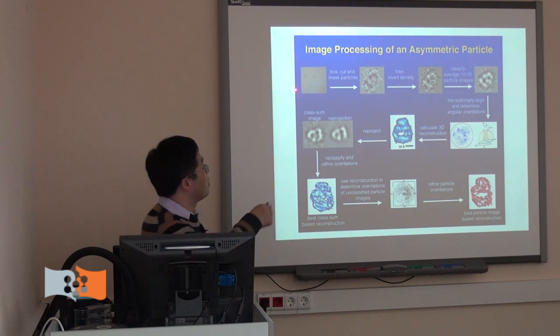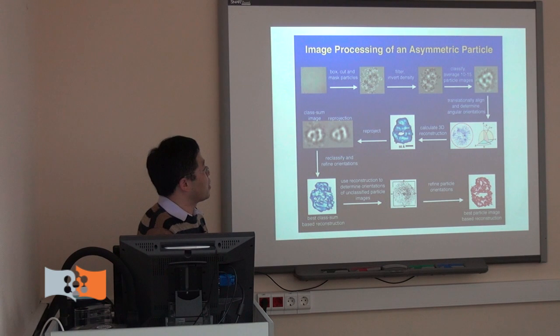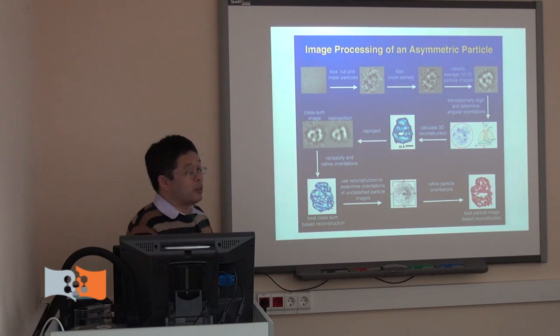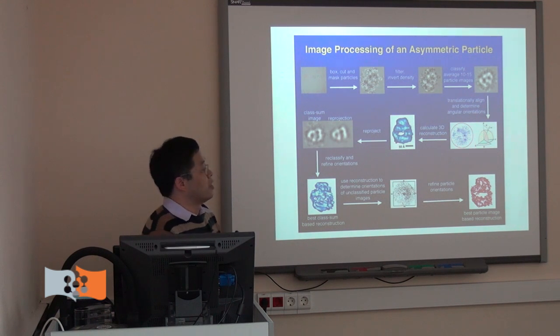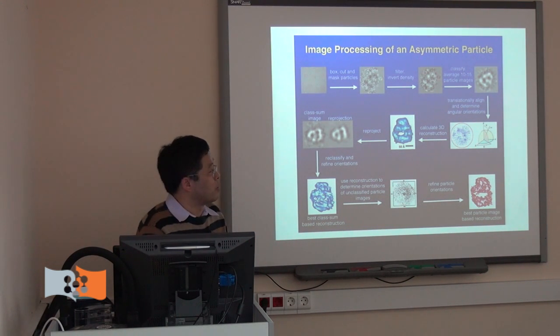For example, you have 100,000 particles, and you align them into 100 classes. Typically, each class averages about 1,000 particles. If you average them, you get a much higher signal-to-noise ratio, and you see the contrast much clearer.